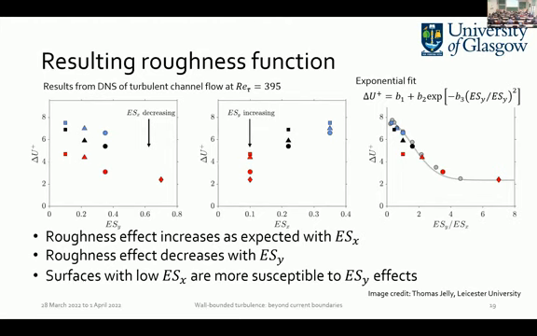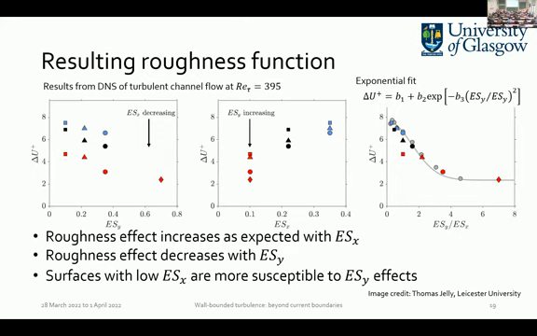Okay, so now, again just focusing on the roughness function results from DNS of turbulent channel flow. If you first look at the middle panel, this plots delta U plus versus ESX. And reassuringly, we see the expected increase with streamwise effective slope.